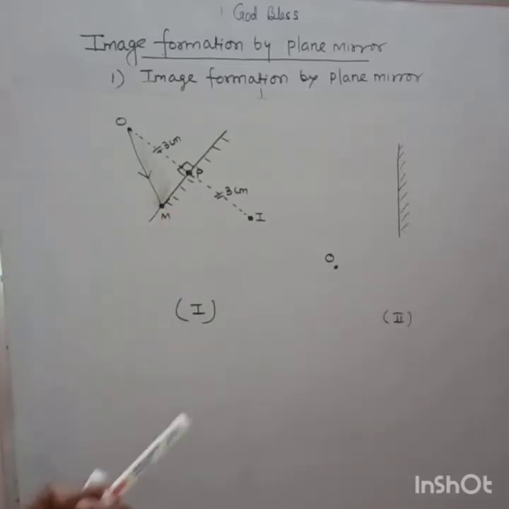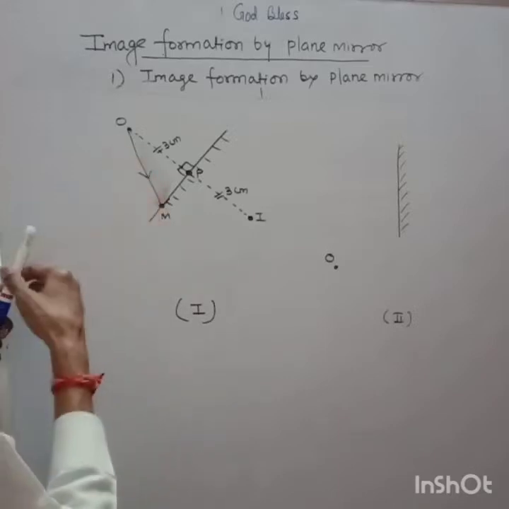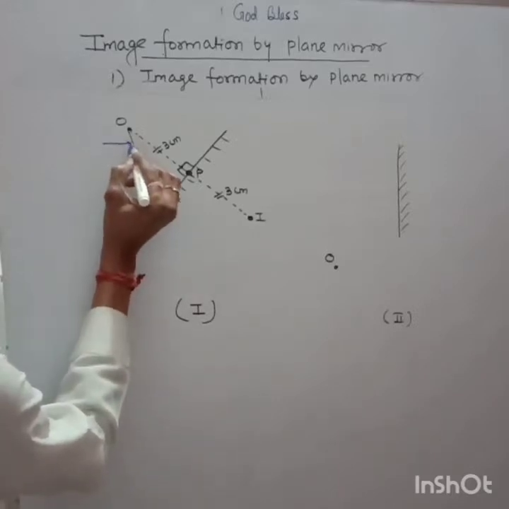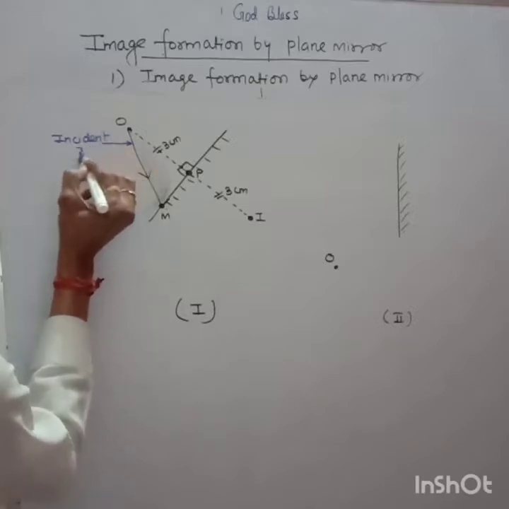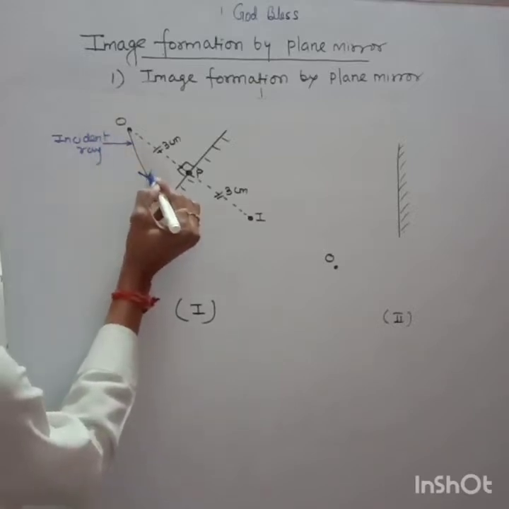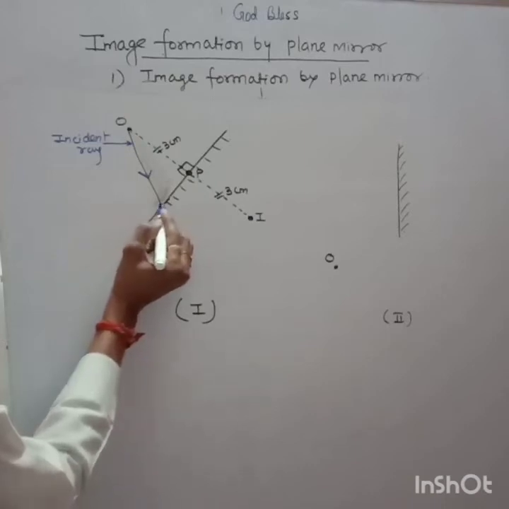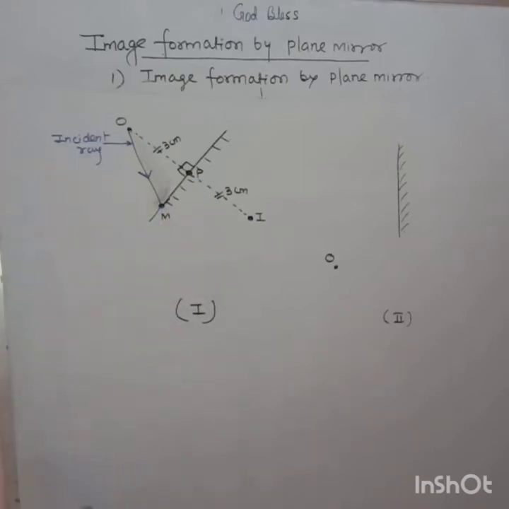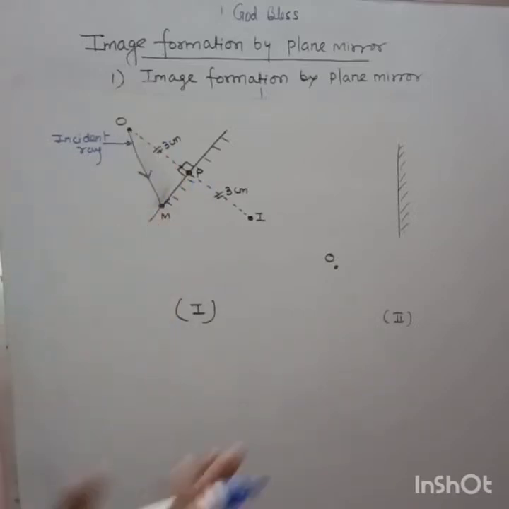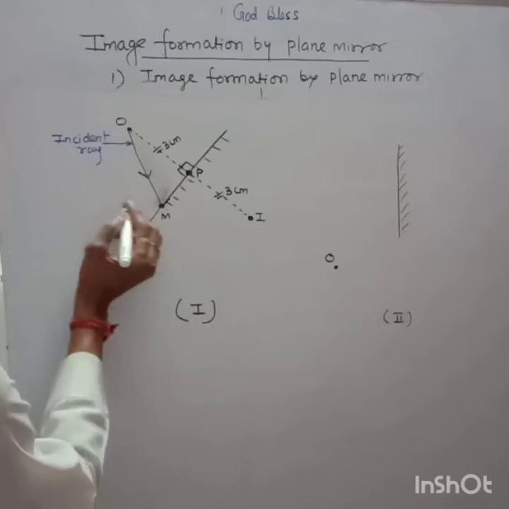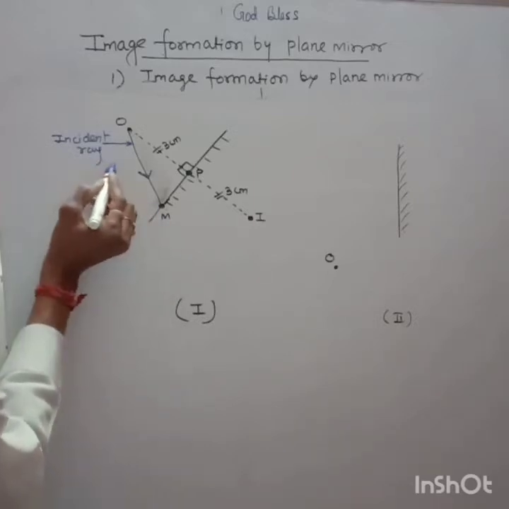Now, you all know that this is the incident ray I am writing. I have drawn the arrow striking the surface at point M. Now, you know that this incident ray will make an angle of incidence, so I should draw the normal to the surface.